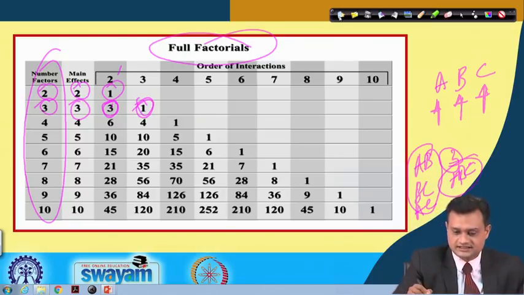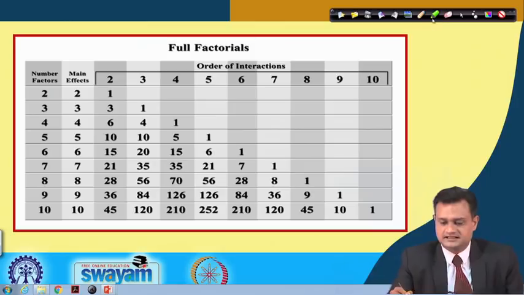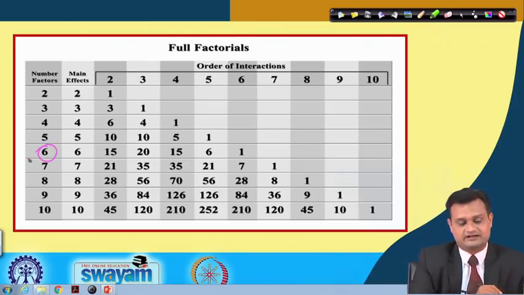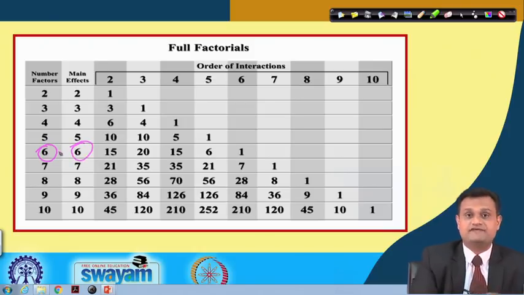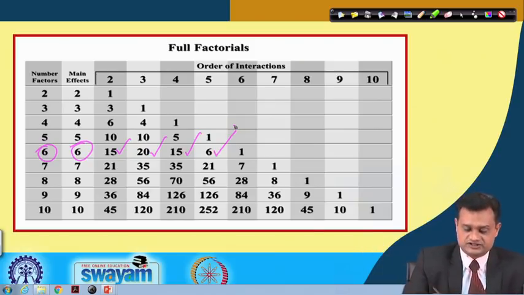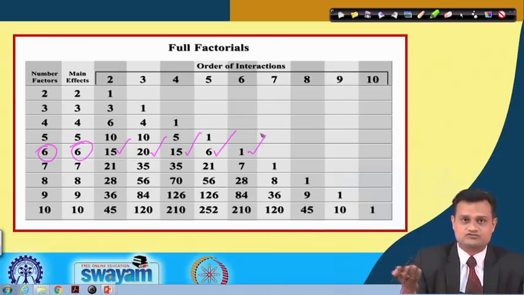Now likewise, try to analyze what is happening. Suppose I go for 6 factors, there would be 6 main effects to be estimated, then 15 two-factor, 20 three-factor, 15 four-factor, 6 five-factor interactions, and 1 six-factor interaction.